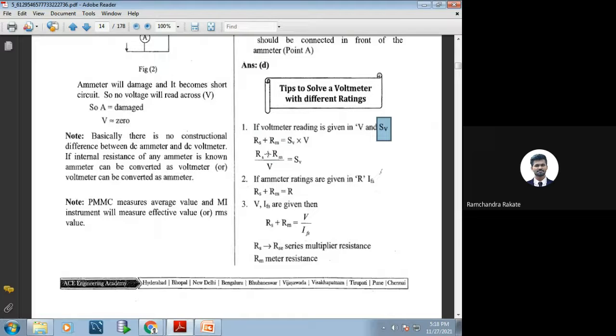In that case, what will be your equation? Rm is the meter resistance, Rs is what we need to connect in series because it's a voltmeter reading, and it is equal to SV into V, that is, voltmeter sensitivity into voltmeter reading.